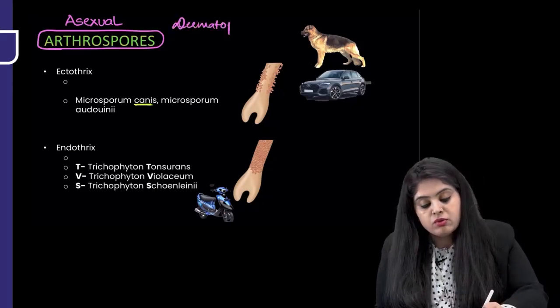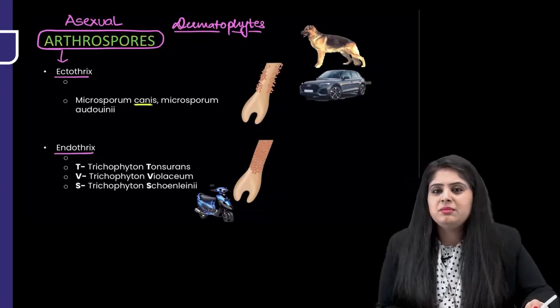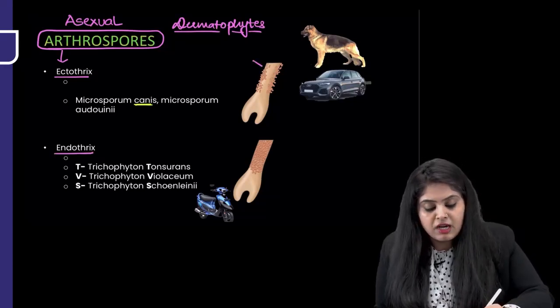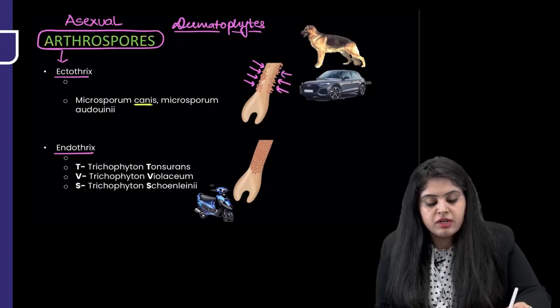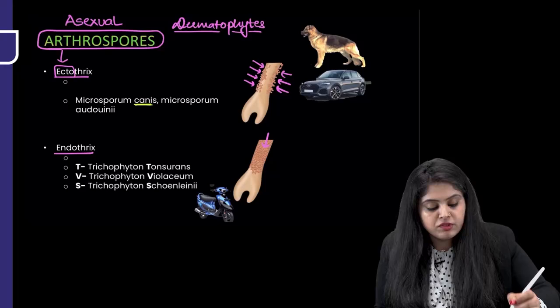So yes, now I'm going to talk about the dermatophytes, and please remember, you can see there's something called ectothrix and there is something called endothrix, and the name is explanatory. Now see, if the arthrospores are outside the hair shaft, it is ectothrix. If you see the arthrospores inside the hair shaft, they are going to be endothrix.